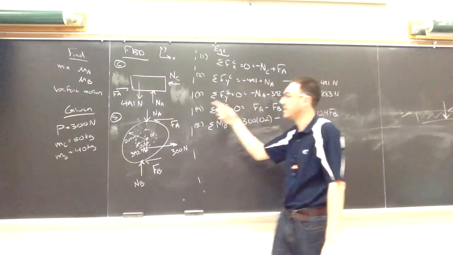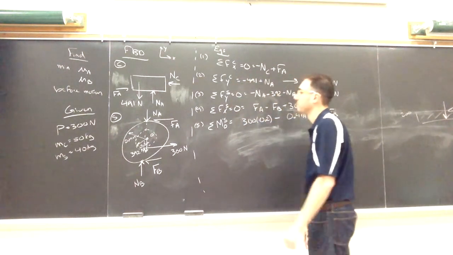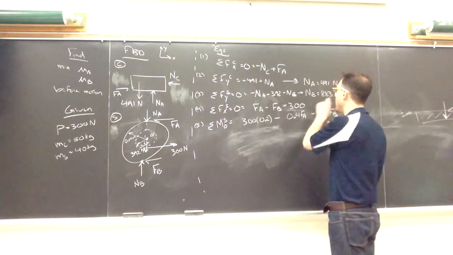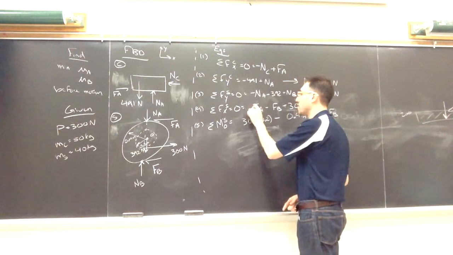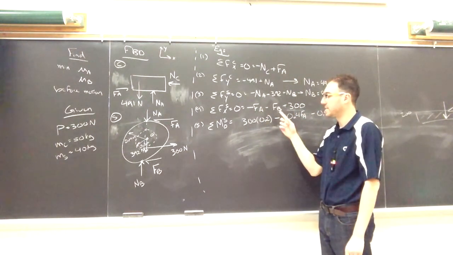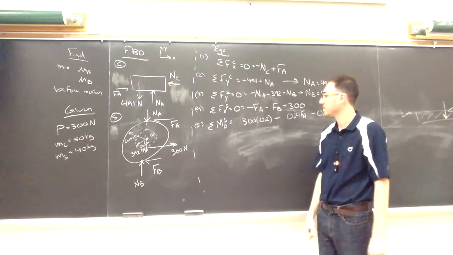Equation 2 is unaffected because NA is still up, 491 is still down. Equation 3 is not affected. Our normal force B is still the same. Equation 4, FA now points to the left, so that needs to be negative. FB is still to the left, so that remains negative, and the 300 is still to the right.